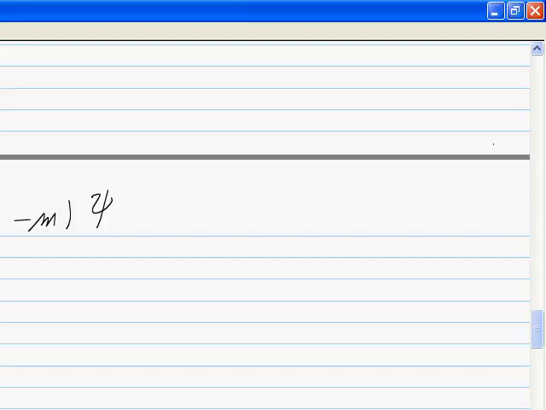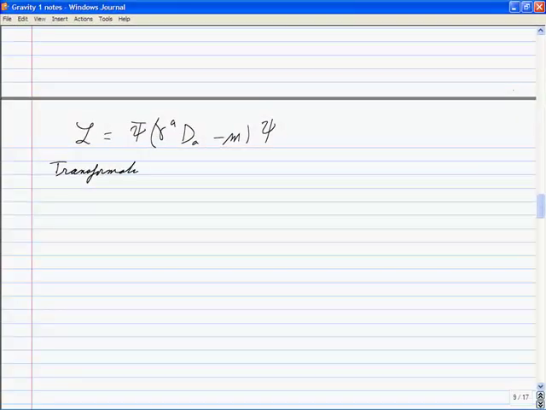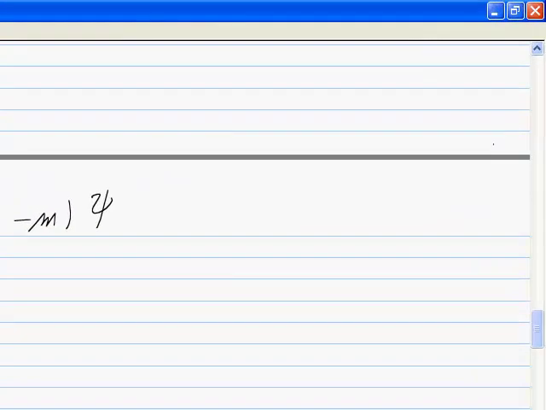So the transformation properties, for this small Lorentz transformation, e_mu^A prime is e_mu^A plus omega^AB e_B mu.